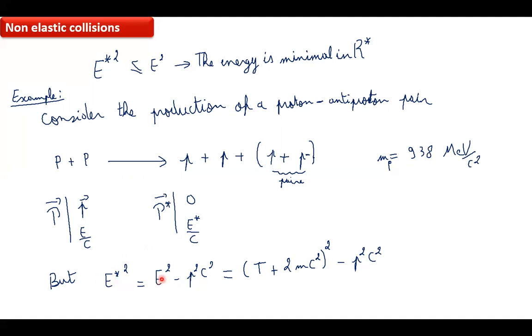The initial energy in R, calculated before collision, is the same after collision. It's the kinetic energy T of the incident proton plus the rest energy of the two protons, 2mc squared, minus P squared c squared.